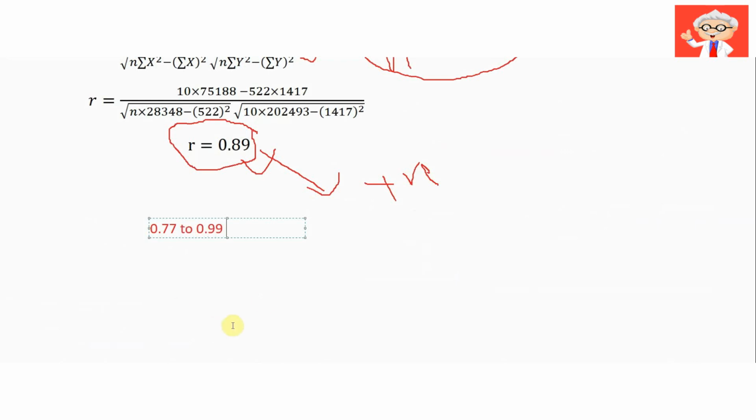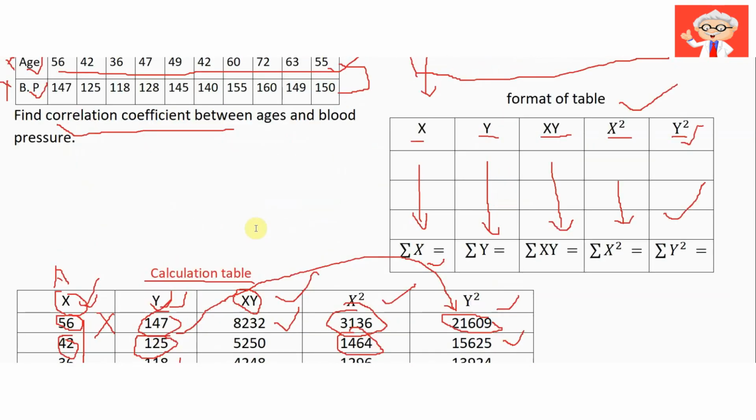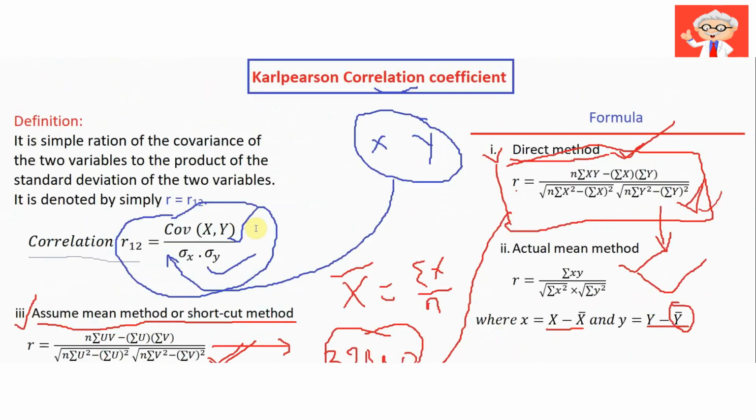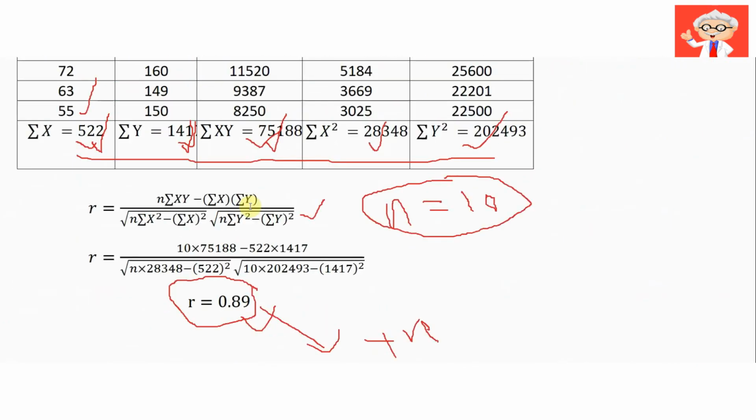It means it is a high degree of positive correlation. In this way, we can calculate the correlation coefficient between any two variables. These are the basic steps to calculate it.